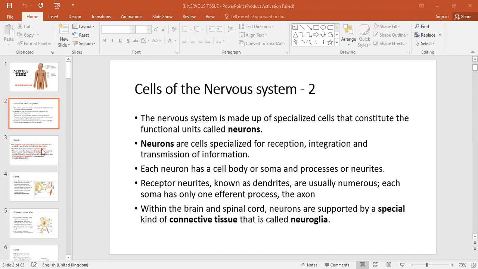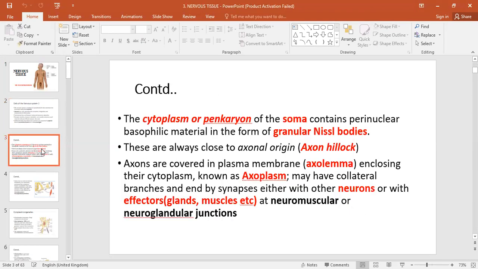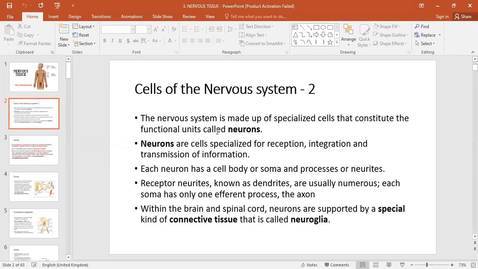So when we look at neurons, we're saying we have excitable cells and non-excitable cells. Now, we'll start with the excitable cells, which we call neurons.